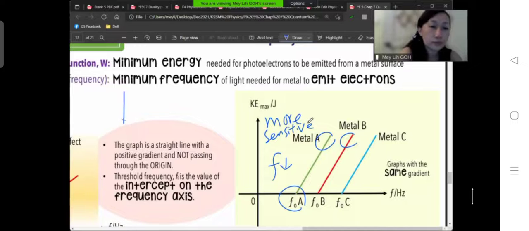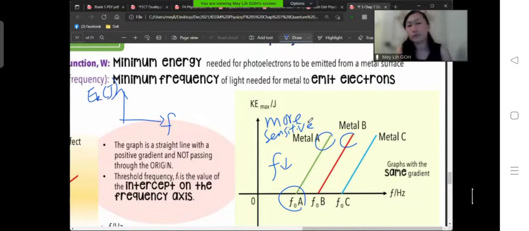Again, which graph did we learn today that is very important from the beginning of the photoelectric effect? Please remember this graph: the x-axis is frequency, the y-axis is kinetic energy of the electron in joules. The graph starts suddenly at the x-intercept.